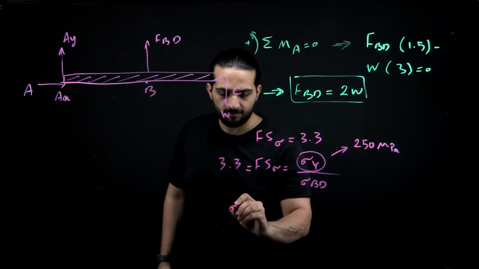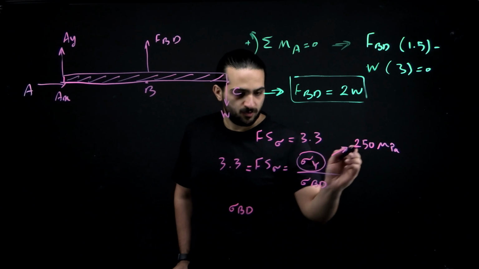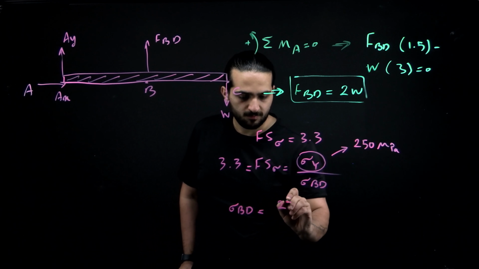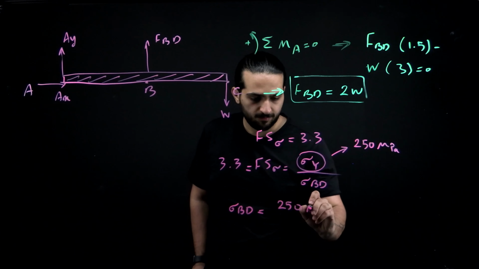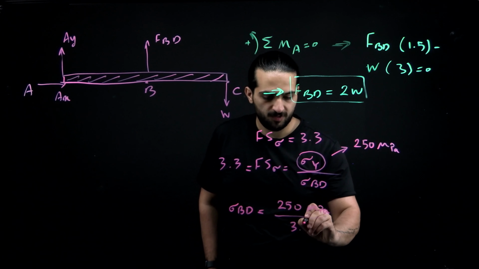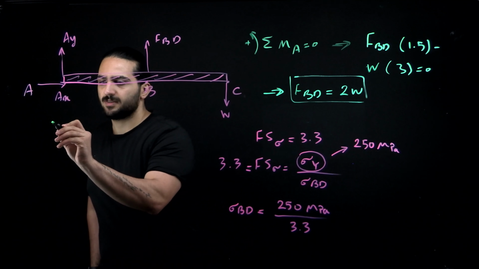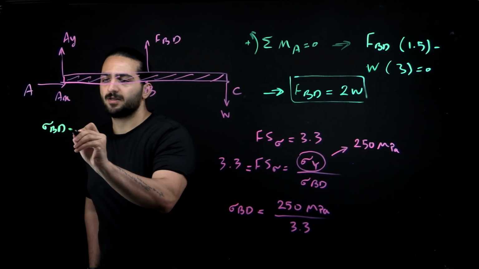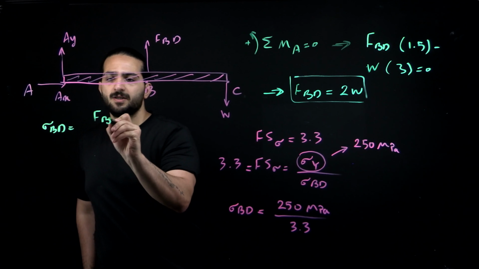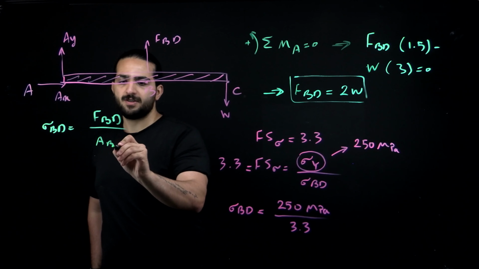So sigma BD will be equal to 250 megapascal divided by 3.3, and we can also write that sigma BD is FBD divided by ABD.